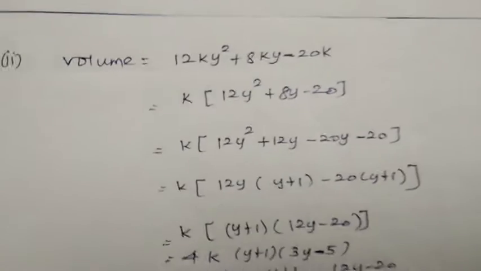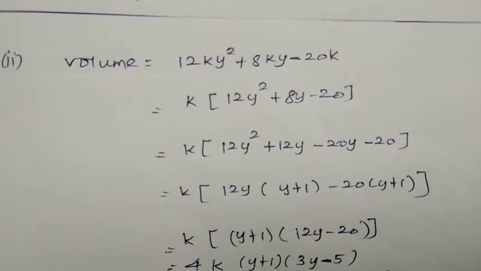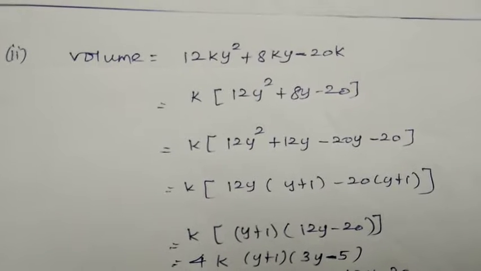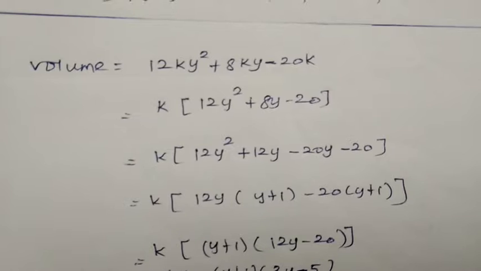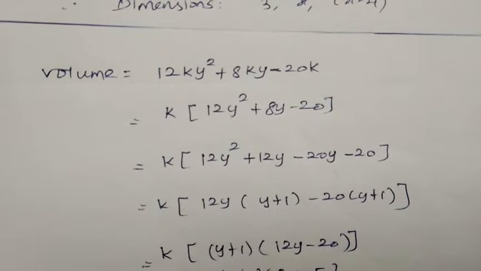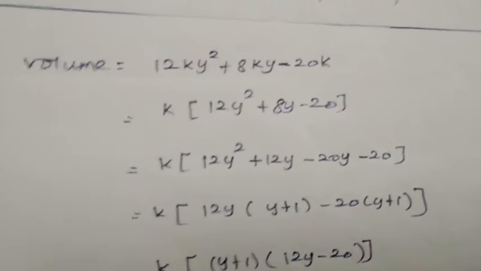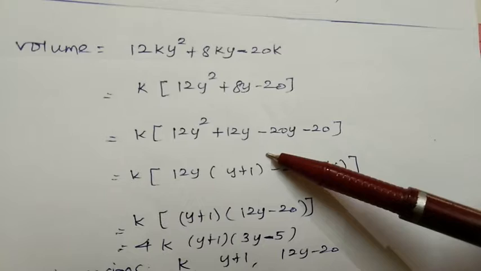The same way, next problem, volume. 12ky squared plus 8ky minus 20k. All are just multiples of 4, or we can write directly k into 12y squared plus 8y minus 20. So 12y squared, here it's 8y. So we can write 12 minus 20y.